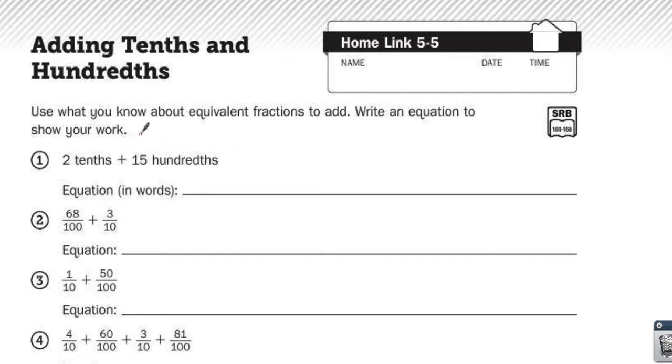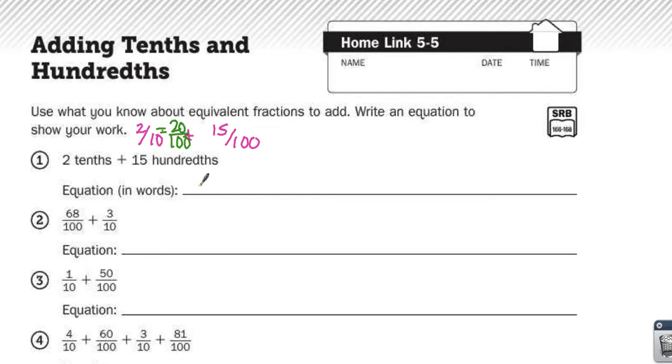So number 1, it tells me to put the equation in words. Well, first I need to figure out what this would be. So 2 tenths plus 15 hundredths. But I need to turn that 2 tenths into a new equivalent fraction that also has 100 in the denominator. And that would be 20 hundredths.